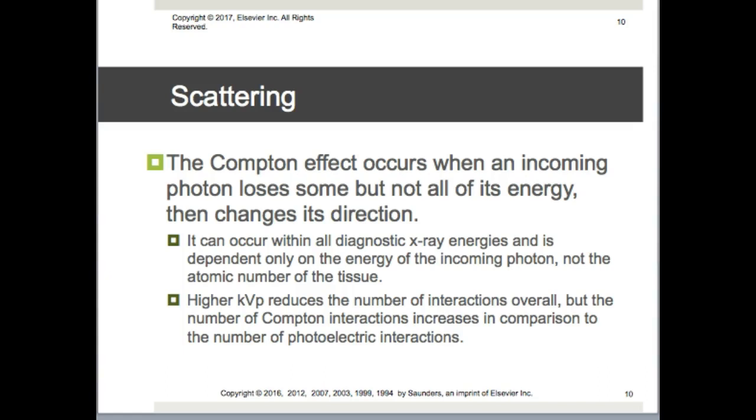Higher kVp reduces the number of interactions overall, but the number of Compton interactions increases in comparison to the number of photoelectric. So as the kVp increases, photoelectric effect drops, while the Compton effect goes up.